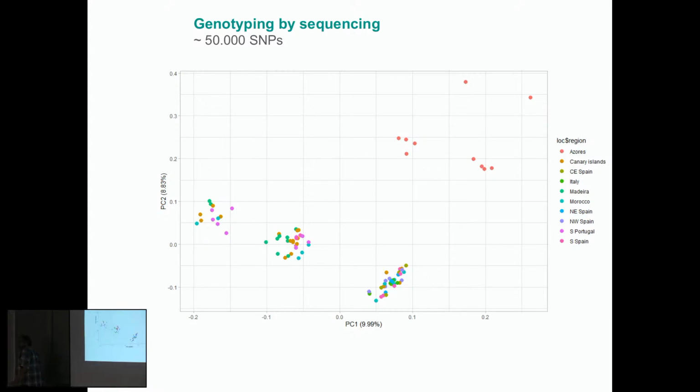They are completely different, and also very spread. And we're talking about an island population of resident quails, small, isolated. So what is going on there?